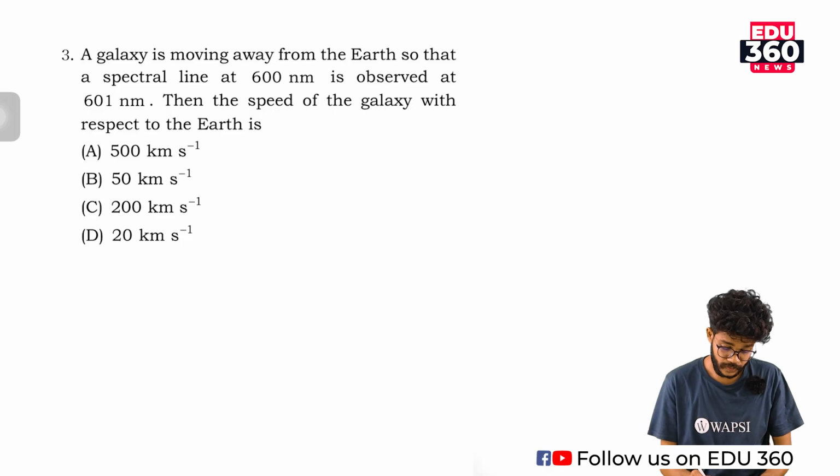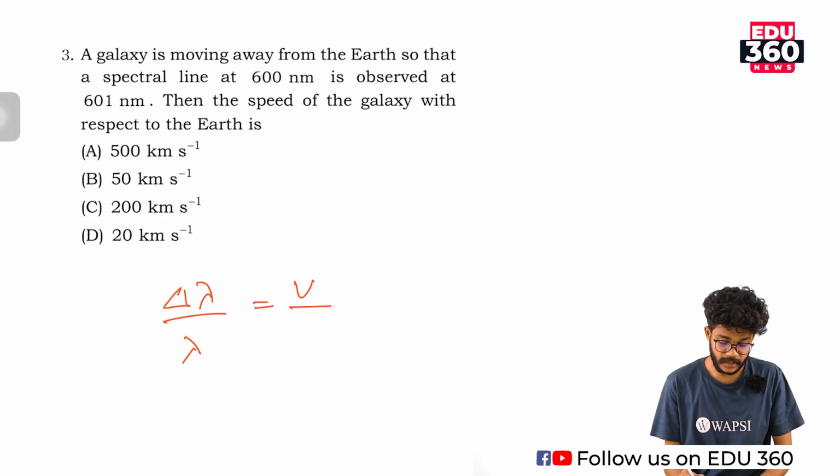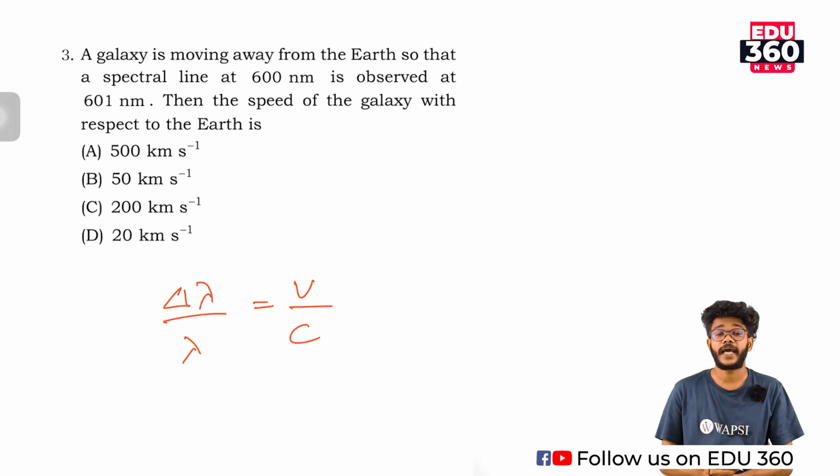Okay, so change in lambda by original lambda is equal to v by c, where c is the speed of light.